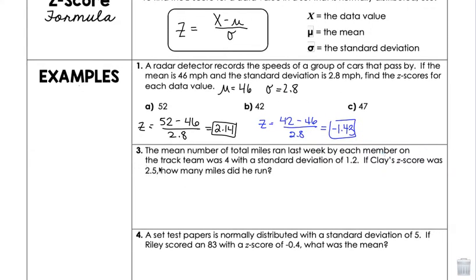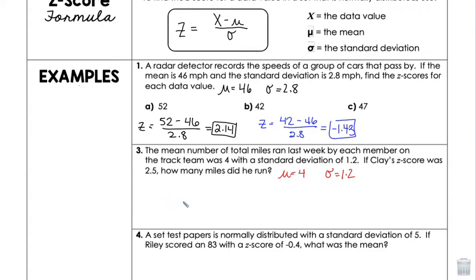Now we have the mean number of total miles ran last week by each member on the track team was 4, and standard deviation of 1.2. If Clay's z-score was 2.5, how many miles did he run? So now we have the z-score.